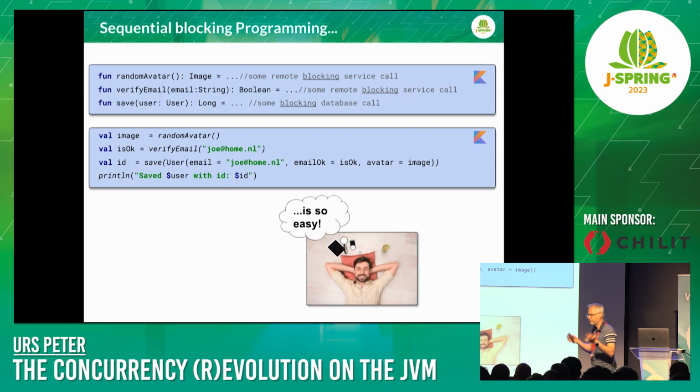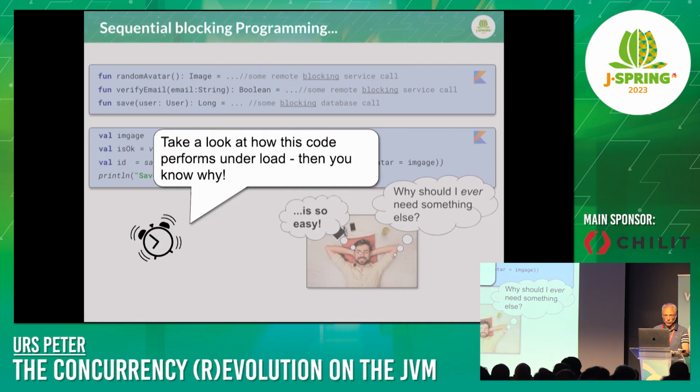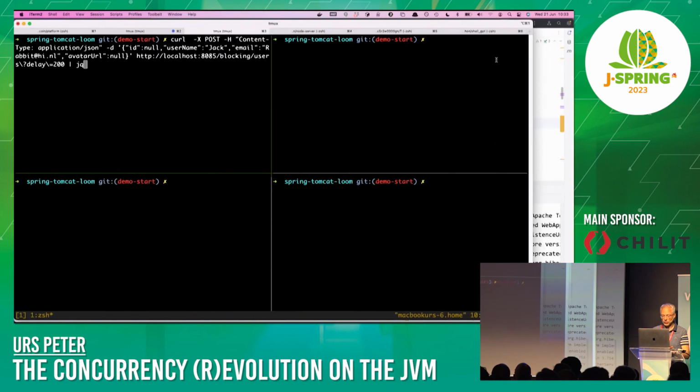And you might think, okay, this is so easy, it does the job, why should I ever learn something else? The point here is that once you put this thing under load, then you might know why this particular model is not as powerful as it looks.